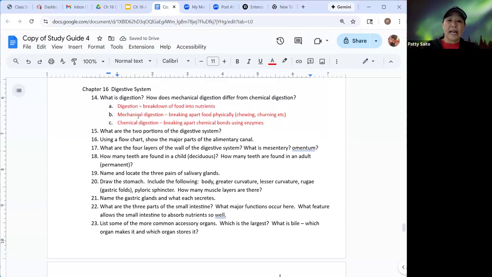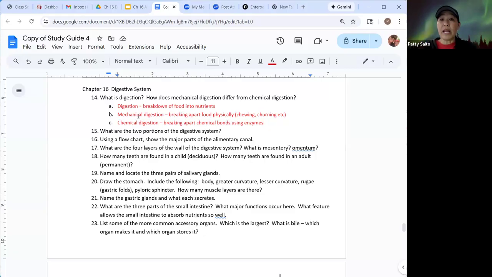All right. So we have a whole system whose goal is to take the food you eat and to cut it up into little pieces into what's called nutrients, small enough so we can absorb it into the bloodstream and carry those nutrients around the body to where it's needed.